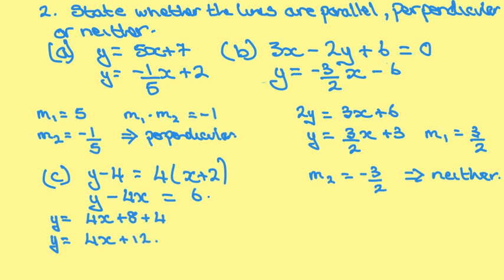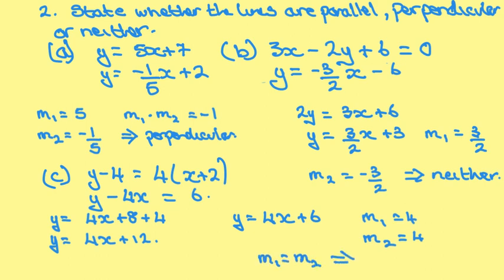If we rearrange the second line, we get y equals 4x plus 6. The gradient m1 is equal to 4. The gradient m2 is also equal to 4. m1 equals m2. Therefore, the lines are parallel.